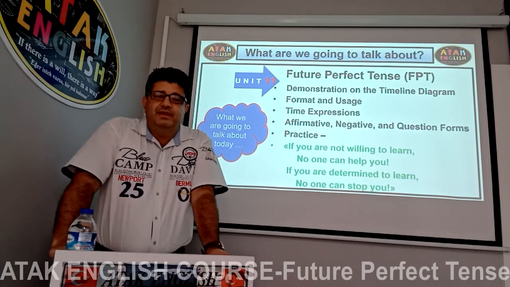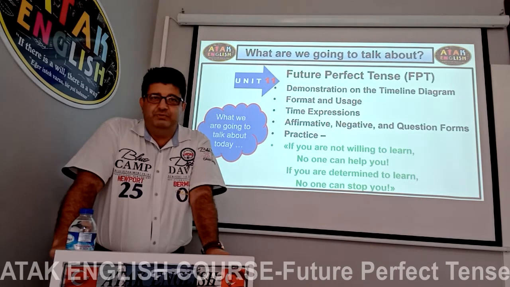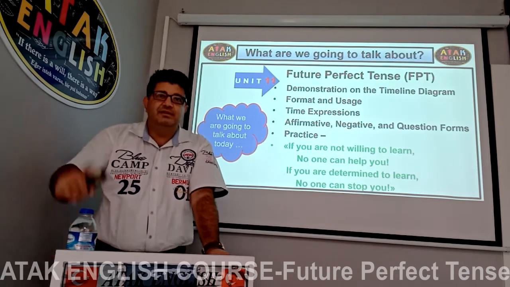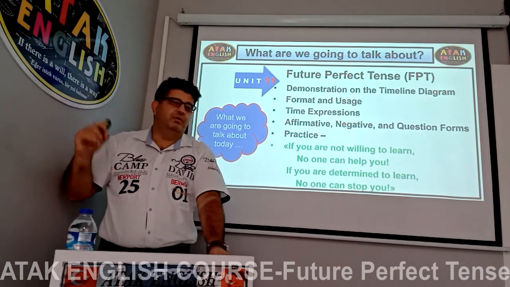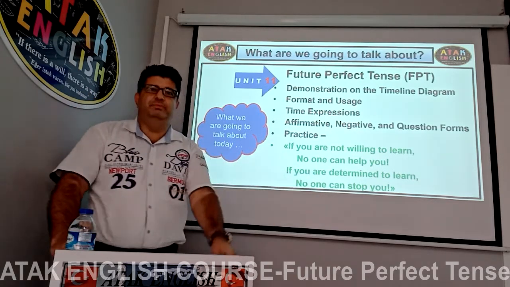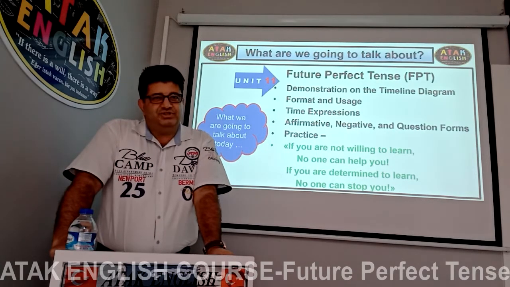I know that you want to learn English language, and I've got confidence in you that you're going to make it one day, as long as there's a will or as long as you are determined to learn. We can get started now.